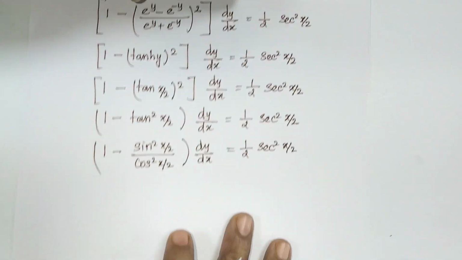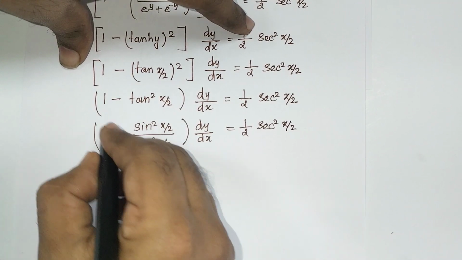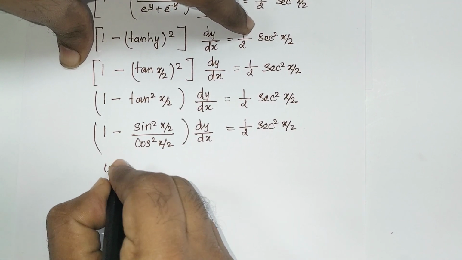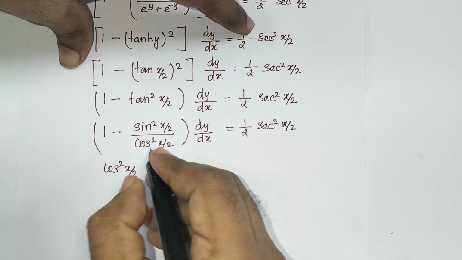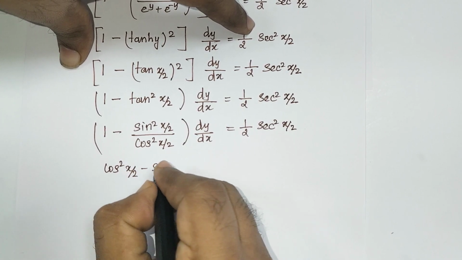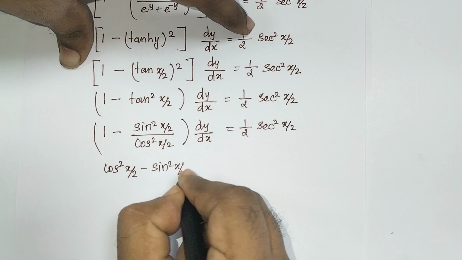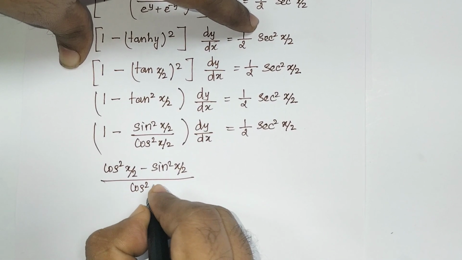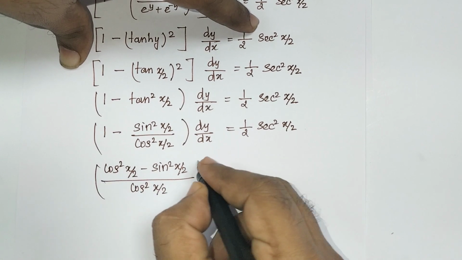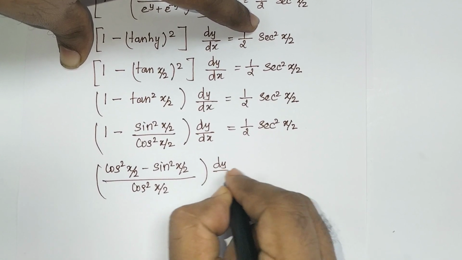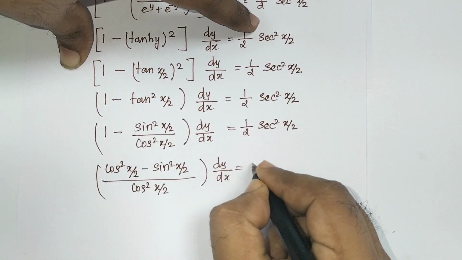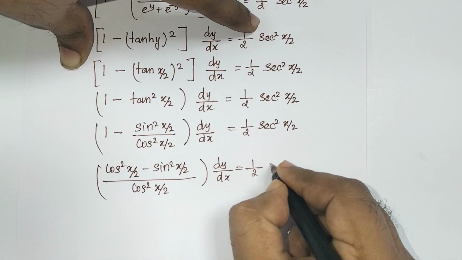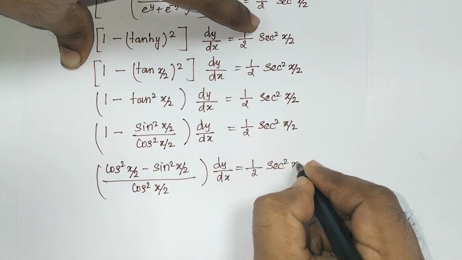So next, cross multiply the term, you will get cos square x by 2 minus sin square x by 2 divided by cos square x by 2 into dy by dx equal to 1 by 2 secant square x by 2.